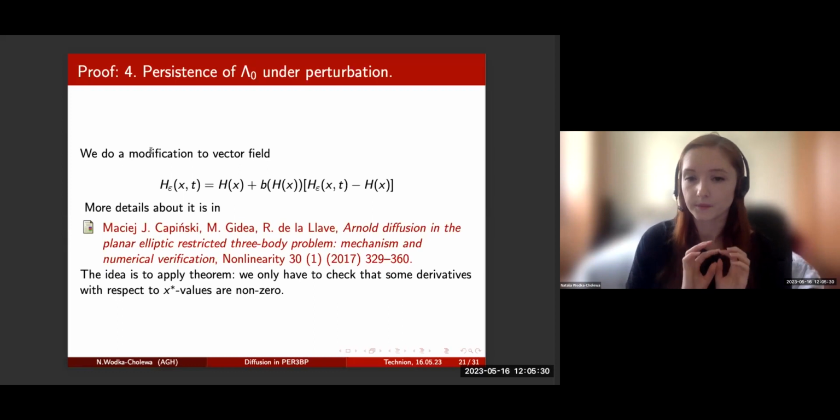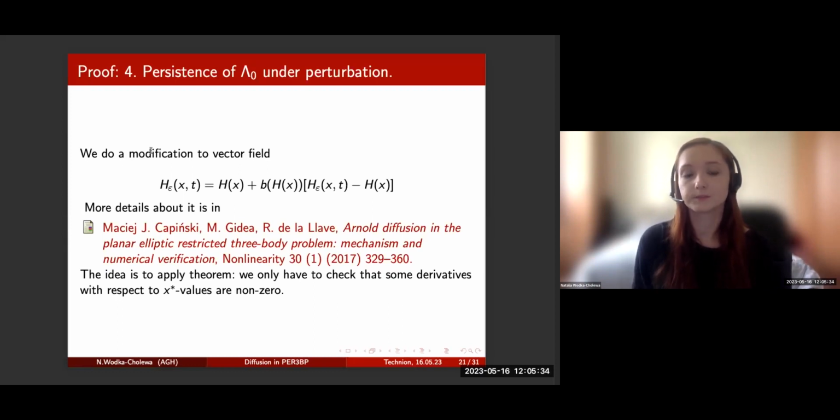It's inside this theorem, and if you check it, it's rather simple: you only calculate it with your computer, and you check it's not 0, so it's fine, and you can use the standard theorem, and you know after the perturbation this persists and everything is okay.